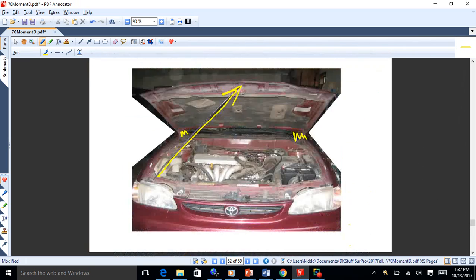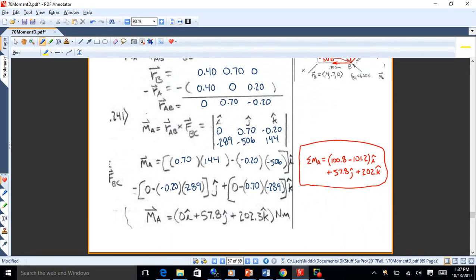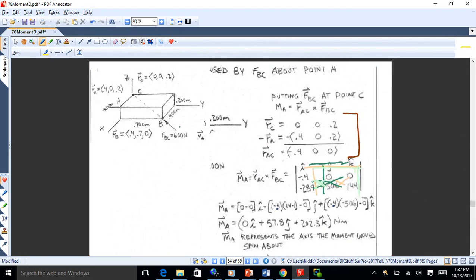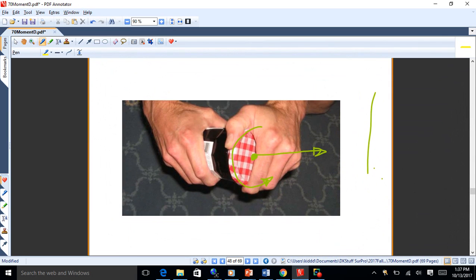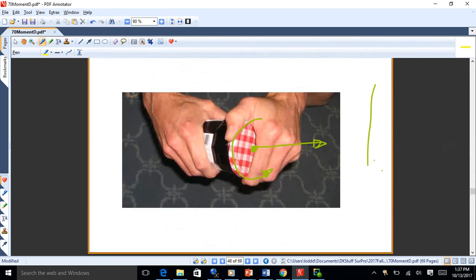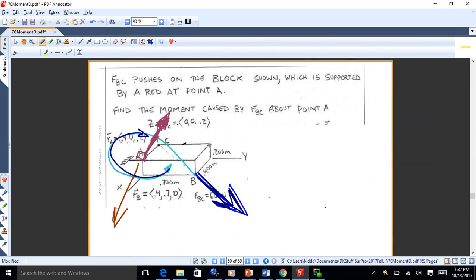Now, if we think a little bit about what a moment vector is, if we just look at that free moment right there, which was the top one, what if we force that to occur about some axis? Okay, if we do that, we're going to get back to the stuff we did with projections.